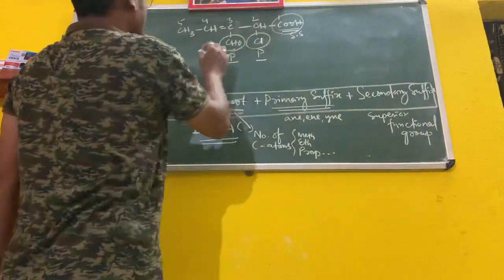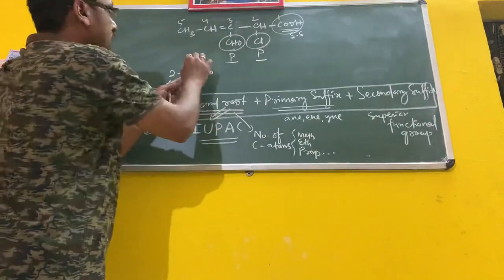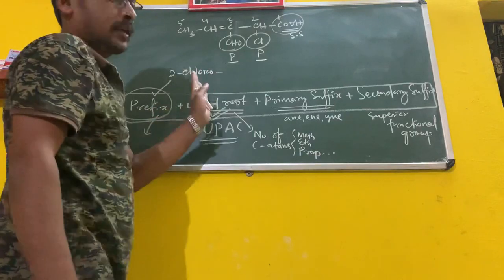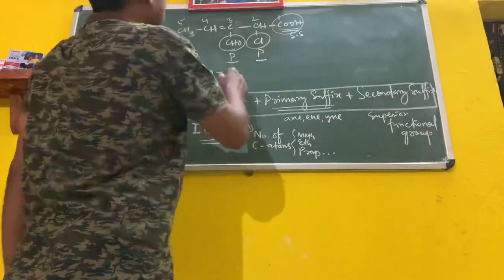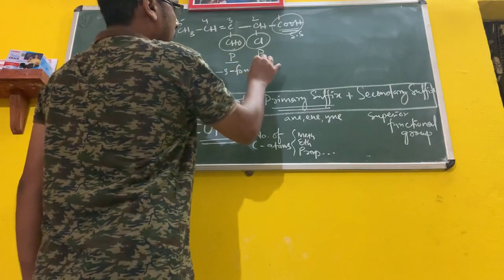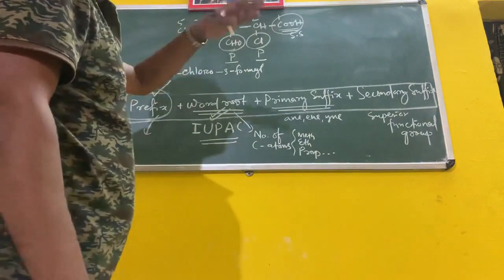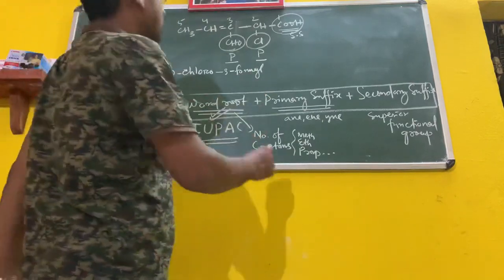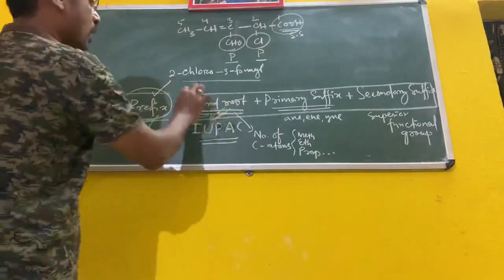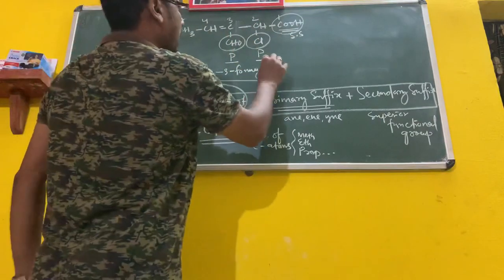Chloro, so 2-chloro, with a hyphen between the number and the letters, then 3-formyl. The secondary suffix for an aldehyde is "al", but as a prefix it is named formyl. Then the word root is pent.